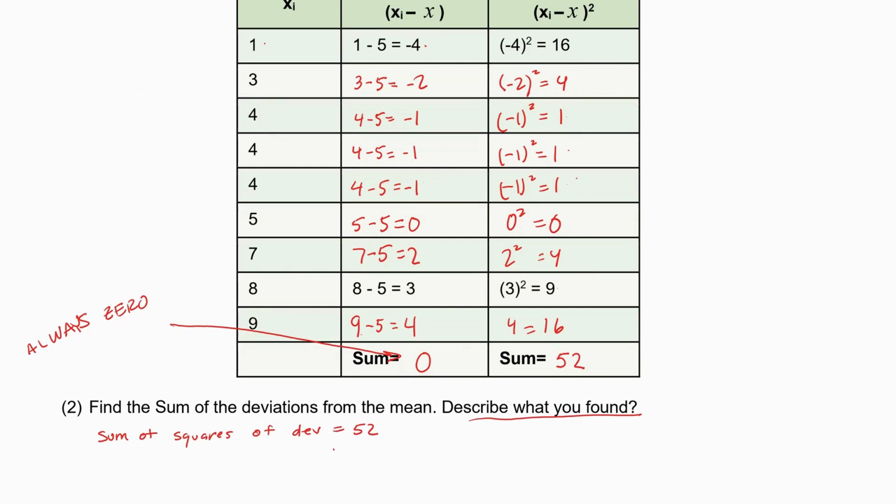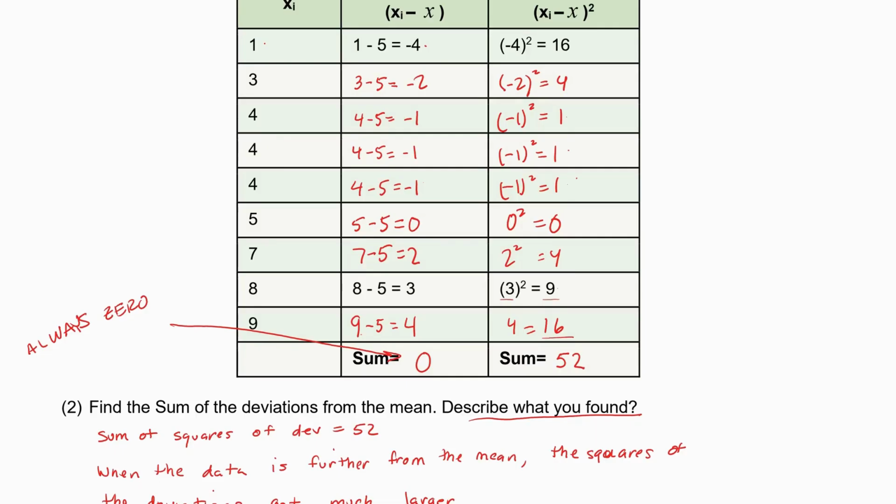What did we find? Well, I think the big takeaway is that when the data is further from the mean, the squares of the deviations get much larger. 3 away from the mean creates a 9. 4 away from the mean creates a 16.